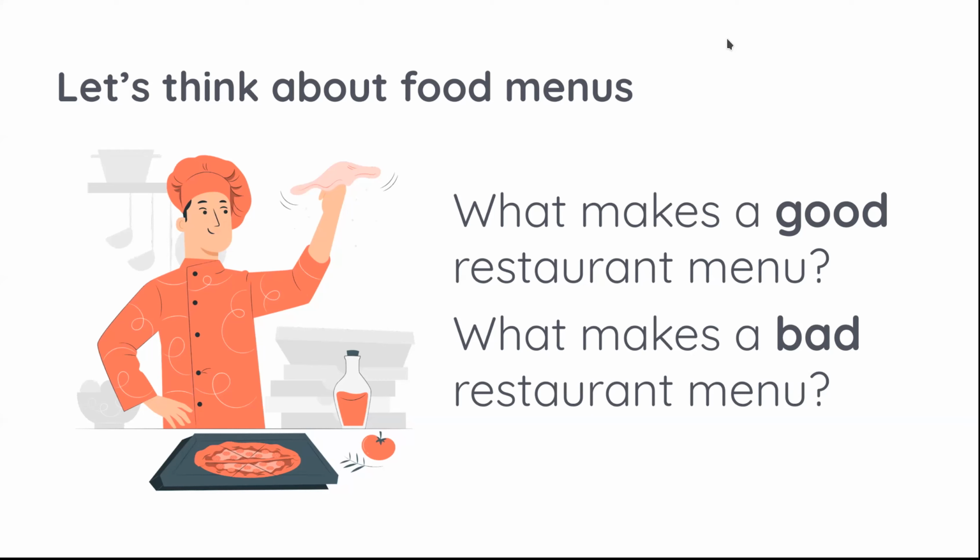All right, so I'm just going to speculate here for all of you about what makes a good menu, what makes a bad menu. I'll start with bad. Sometimes I go to a restaurant that maybe specializes or caters in international cuisine, and I'll flip through it, and they've got salads, appetizers.